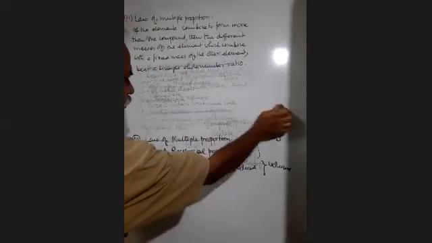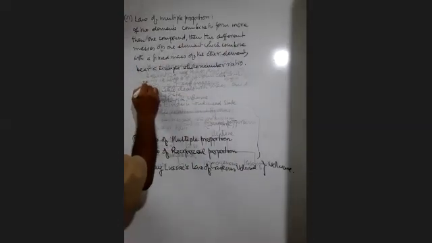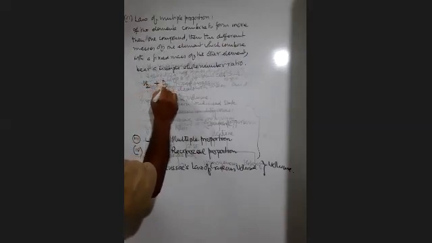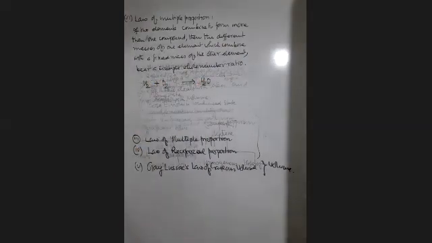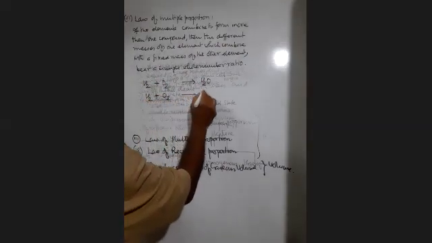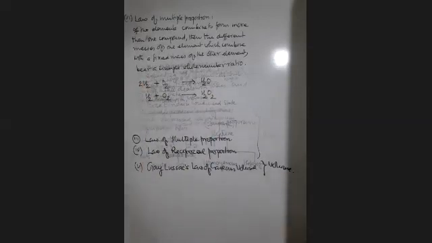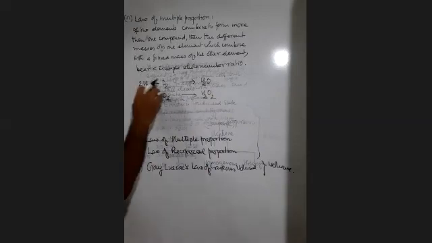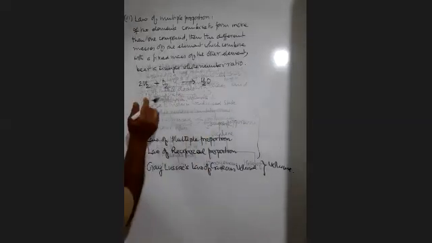So let me see here. Hydrogen and oxygen combine to give us water. And hydrogen and oxygen also combine to give us hydrogen peroxide. Okay, so let me balance it. So what should I write here?